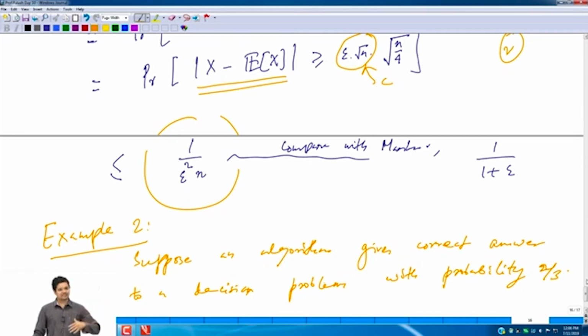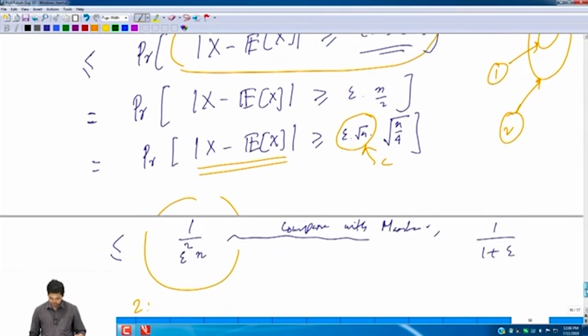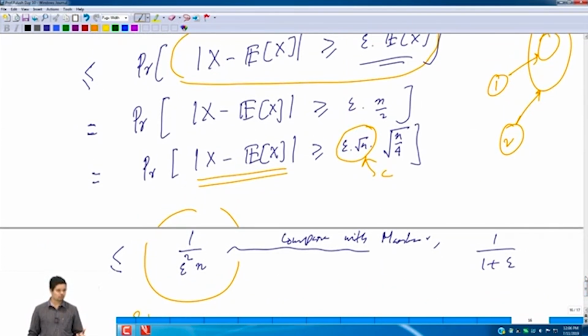For example, if you choose your error probability to be 1% or 0.1, just put 1 over epsilon square n to be 0.1, and then just find n.